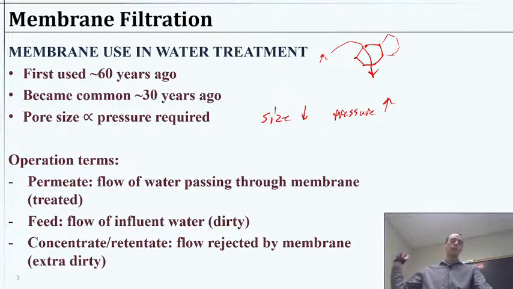But that's all baloney, because in order to have membranes operate, you are always going to have this pressure requirement, if for no other reason than osmotic pressure. Water doesn't want to go away from a salty environment. That salty environment is going to pull the water towards it. So there's always going to be osmotic pressure, and there's always going to be resistance to flow based on the space with which the water molecules can flow.